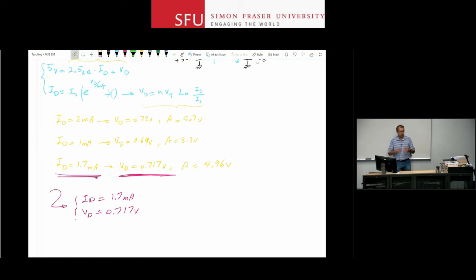So maybe you can cut down on the number of iterations from 6 to 4 or 3. Nonetheless, this can become tedious very quickly. You should do a few of these on your own, but this calculation can become tedious very, very quickly. And we'd like to find ways to simplify the calculation of these diode circuits.